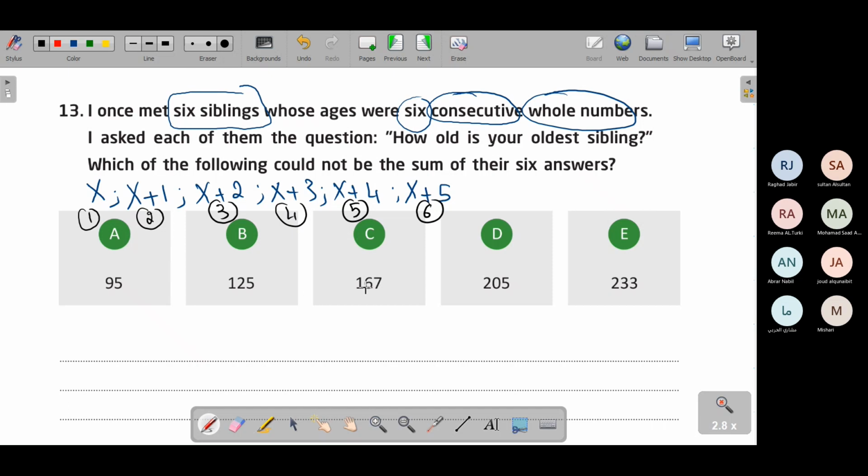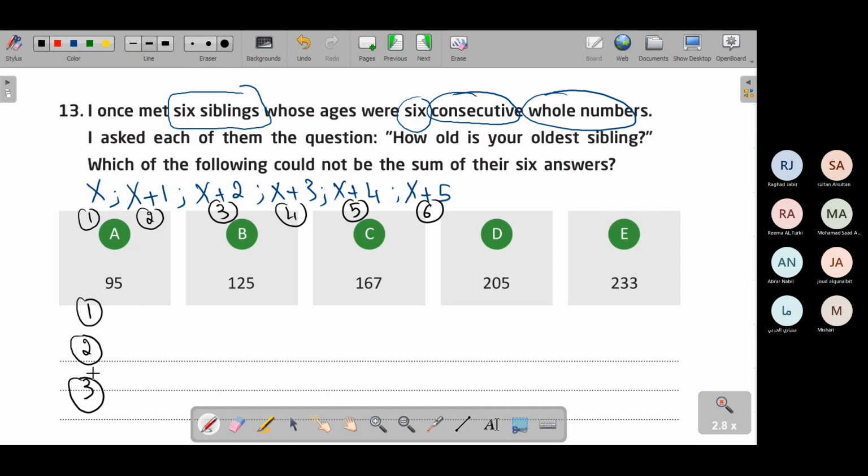Right. I ask the next question: how old is your oldest sibling? The first one will say what? The second one will say what?